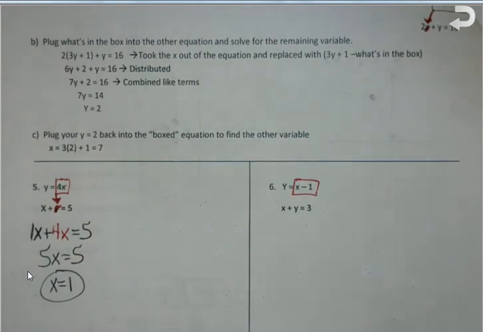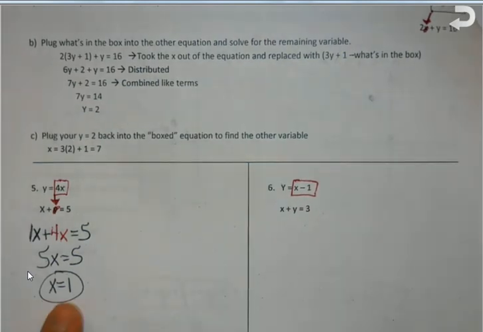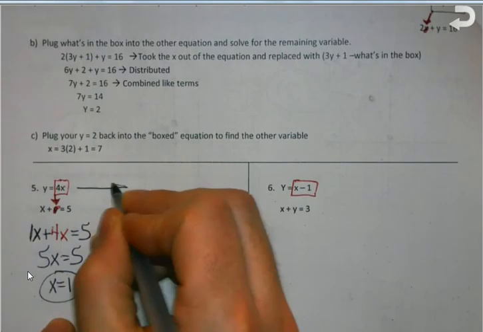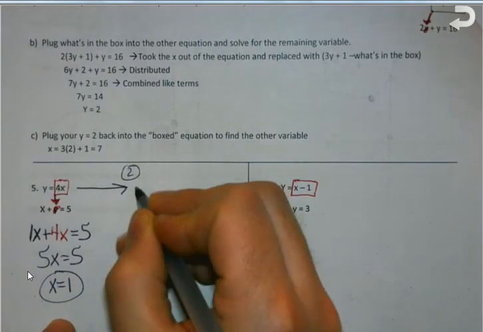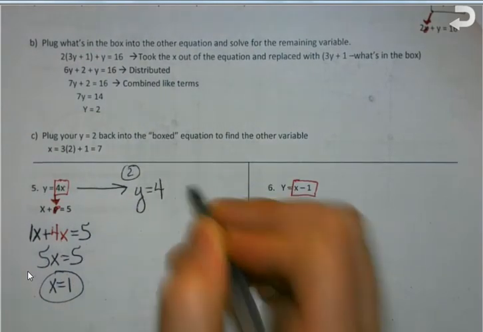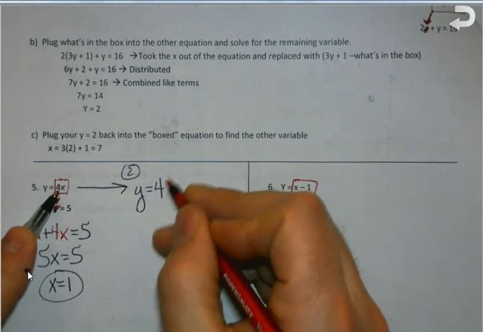But again, this is a system. There's 2 values we need to find. Well, I found x. So to find y, I just plug in my x value where the x is at.